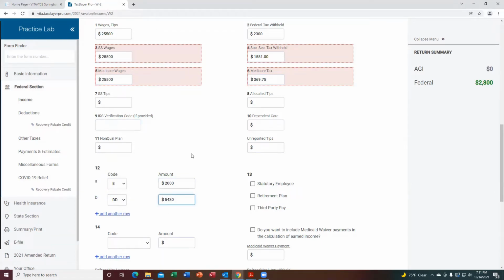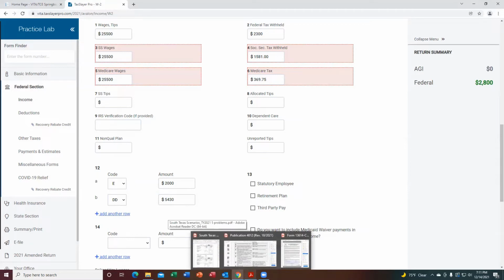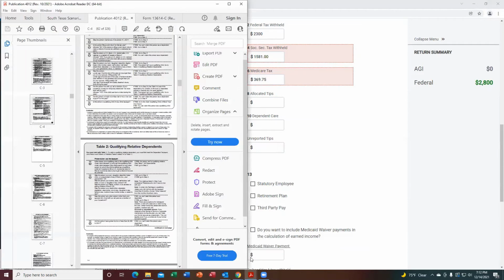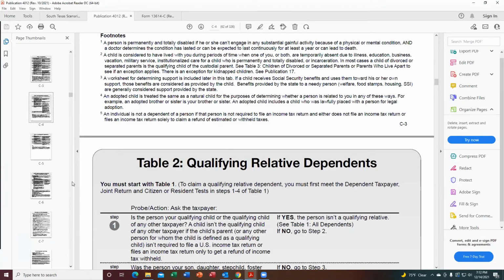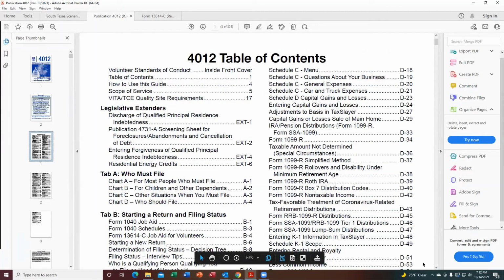Okay, let me pause here because I just remembered something. There's a lot of things to remember as you're doing this. So I'm going to momentarily go to my 4012, and this is in the income section.